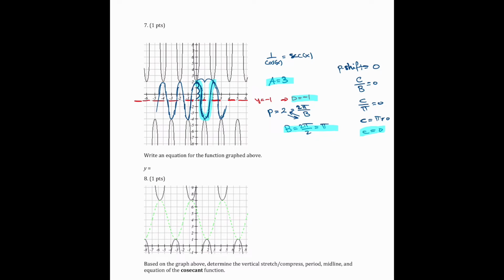So the equation is going to follow the form y equals A secant (bx minus c) plus d. And we have all of them.